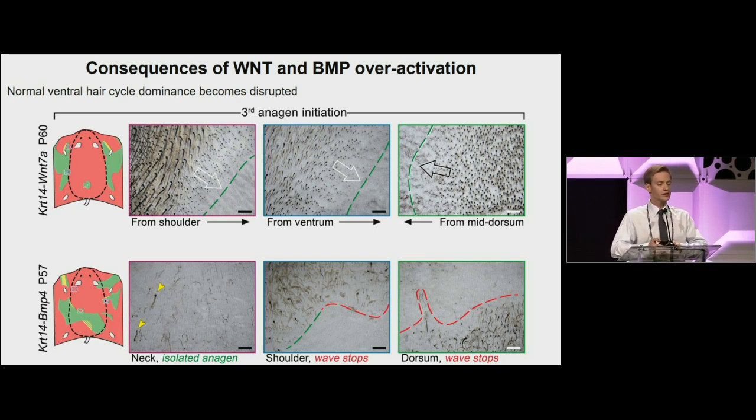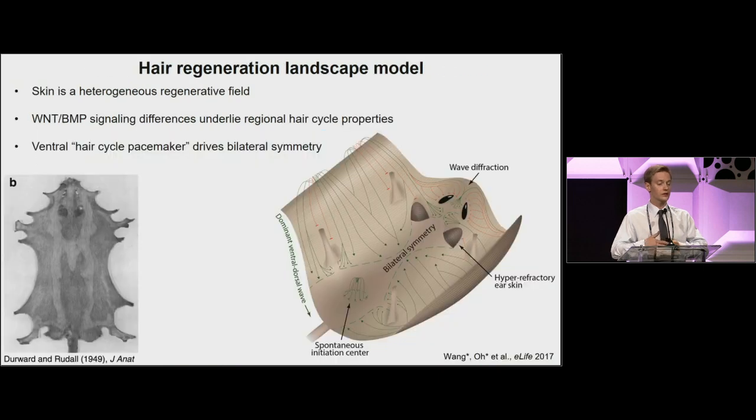So now I would like to draw your attention to the summary model that we've conceptualized based on this. You can think of skin as a patchwork of developmentally defined heterogeneous regenerative fields, where hair follicles within those individual anatomic domains have intrinsically different hair cycle dynamics.